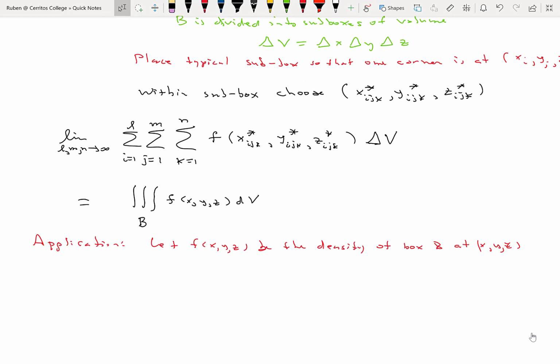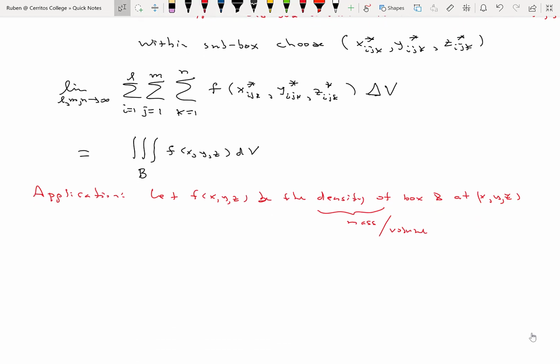And if you're not familiar with density, it's the mass per unit volume. The mass per unit volume of the box at a particular point, which is kind of difficult to wrap your head around if you think about it.